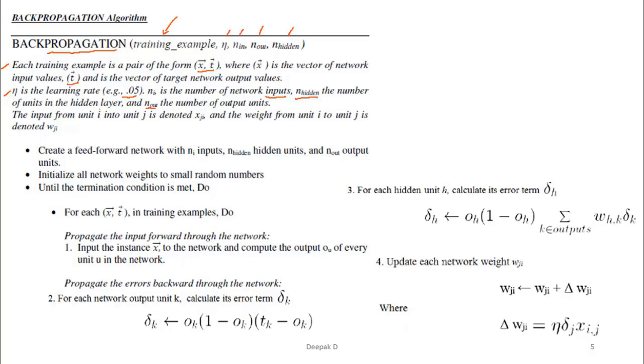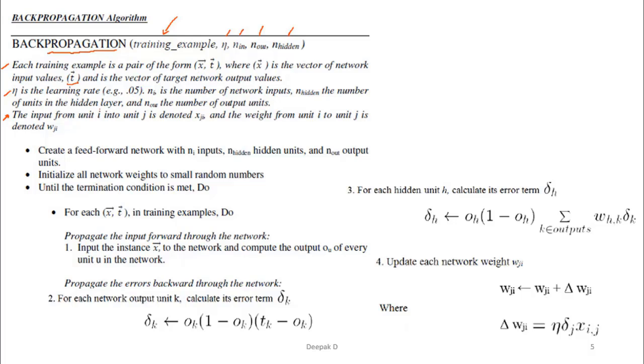And here the notation is: the input from unit i into unit j is denoted as x j i, and similarly the weight from unit i to unit j is represented as w j i. So these are some of the basic information required for the algorithm.